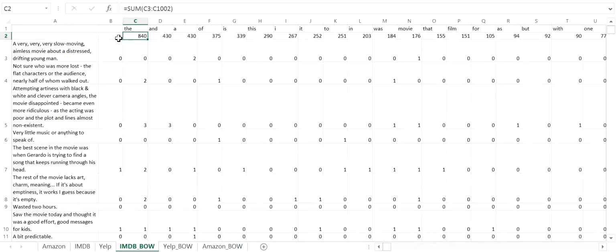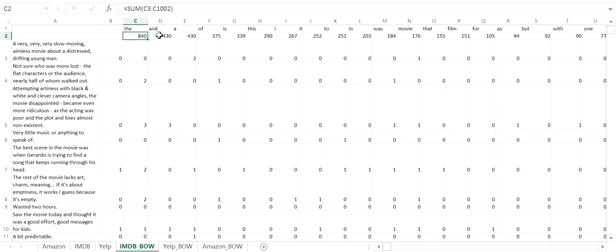Next, we have our bag of words given to us from the course website. So using the bag of words that we were given, we were able to use a sum function to depict the number of times the words appear in each sentence. So as you can tell, the word the, based on the sum function, appears 840 times in all IMDb reviews.